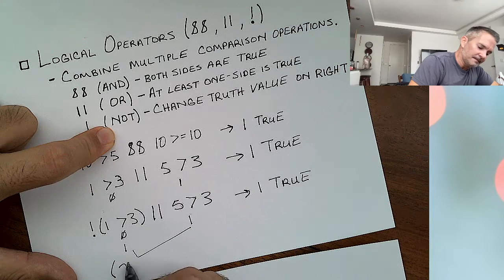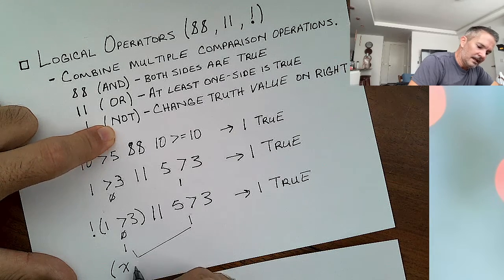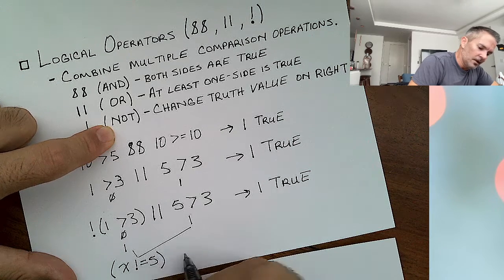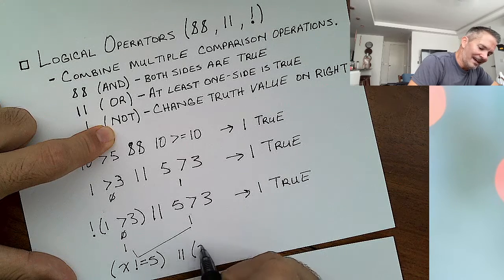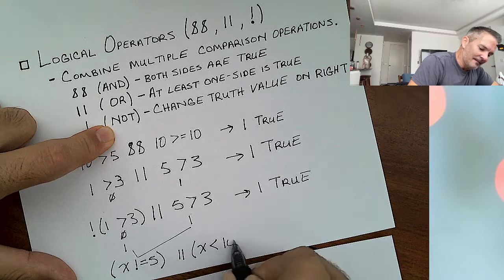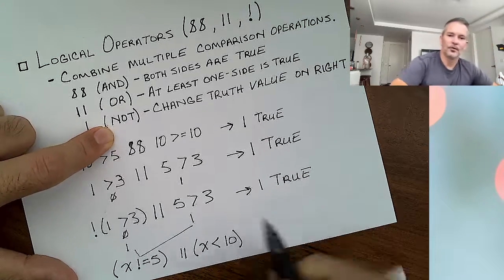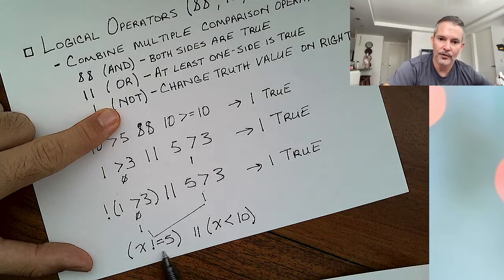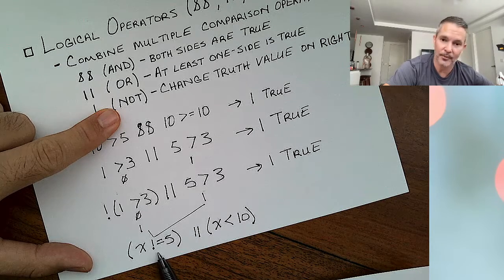Another way to think about this is I could say, if x is not equal to 5, or x is less than 10, so just showing you another example. Remember, not equals is a special comparison operation.